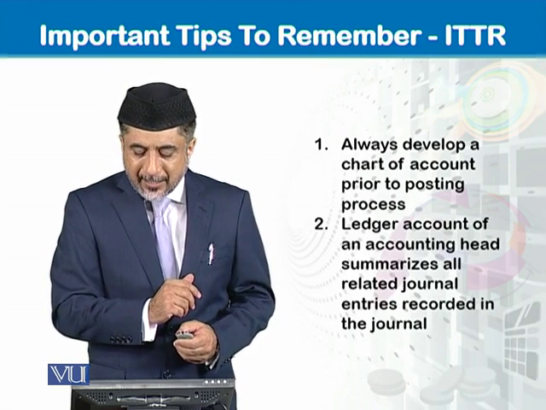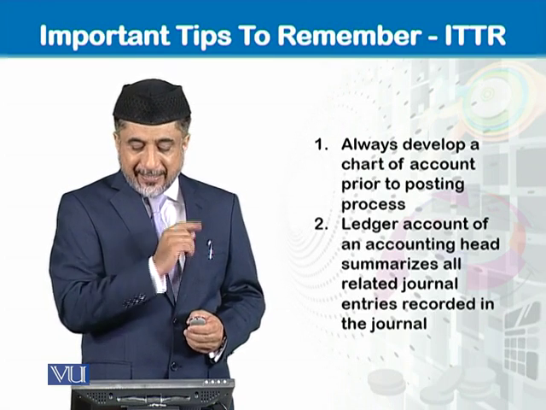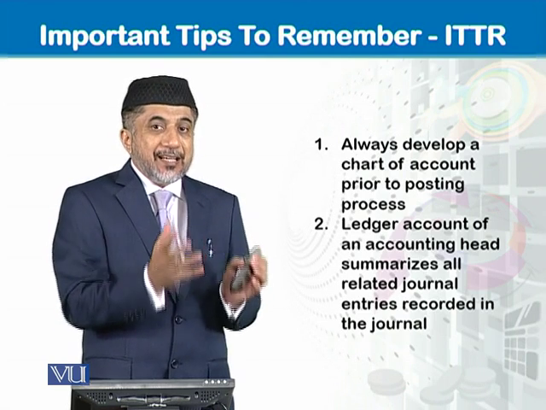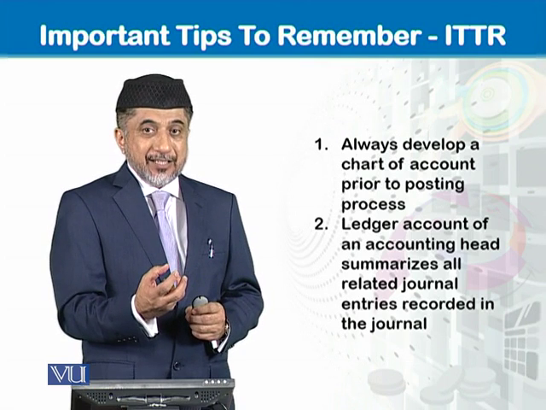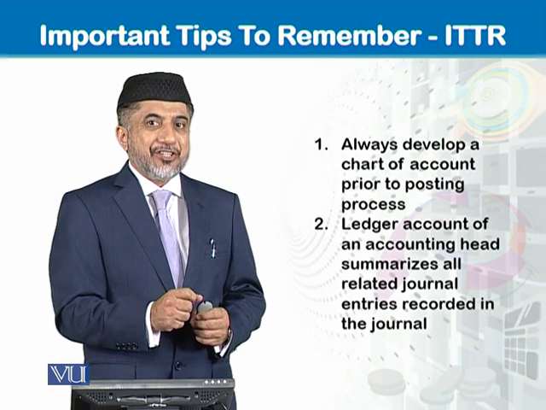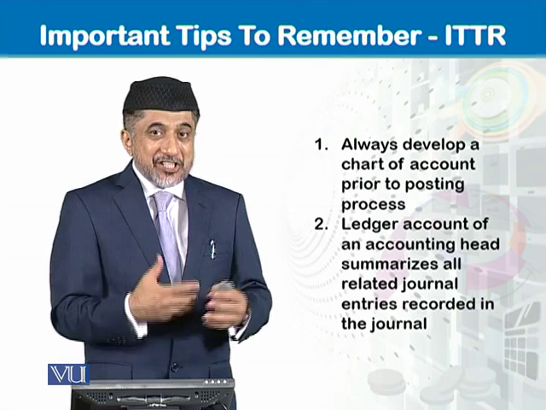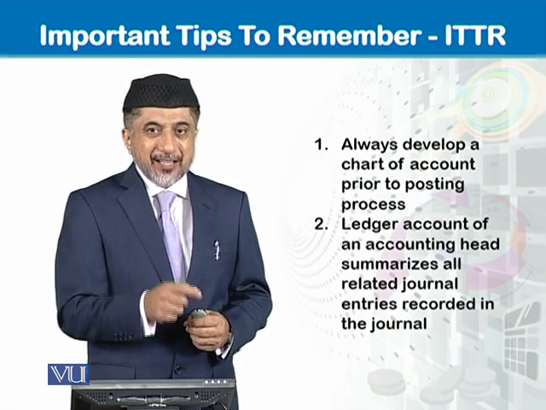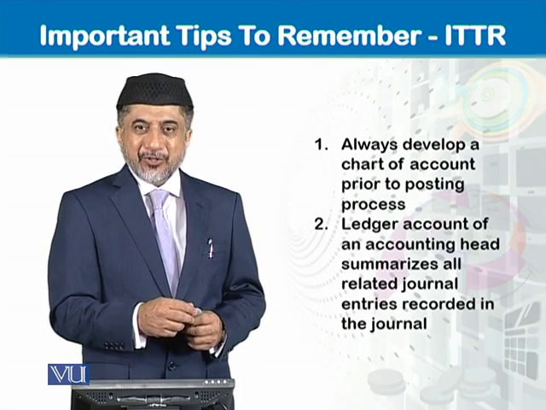Then, the ledger account of an accounting head summarizes all related journal entries recorded in the journal, because it is a summary of all related journal entries that we have already recorded in the journal. I believe that this needs more practice to be perfect. So please solve this practice question 2-3 times on your own. Thank you.